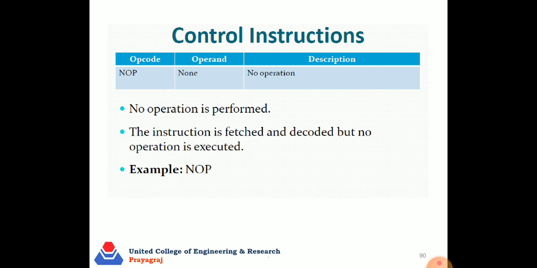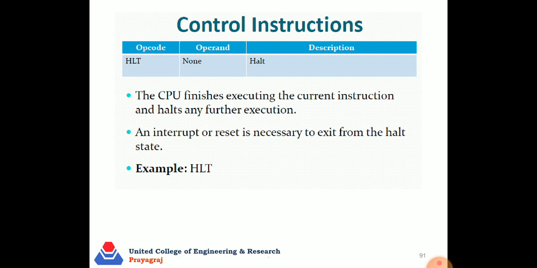It consumes only 1 byte, and there is no operation. And a control instruction HLT, as we already know, has no operand. The CPU finishes executing the current instruction and halts any further instruction. An interrupt or reset is necessary to exit from the halt state.